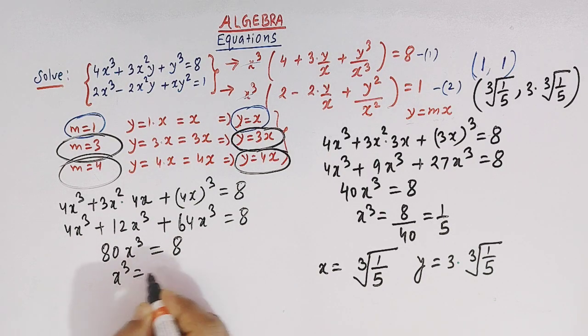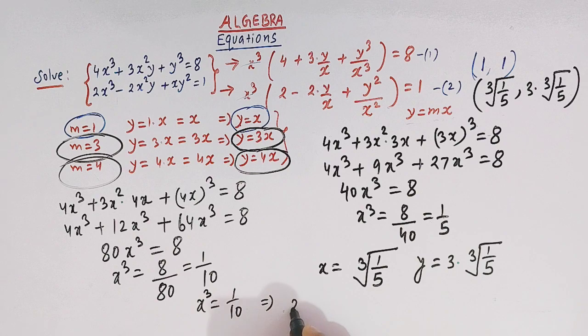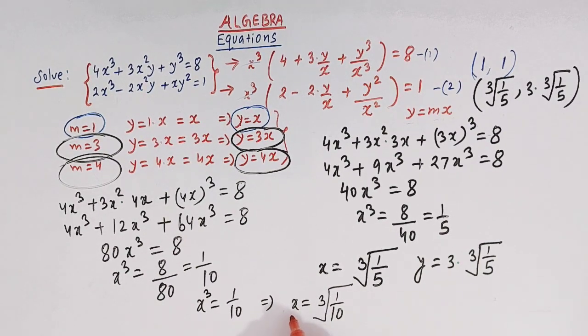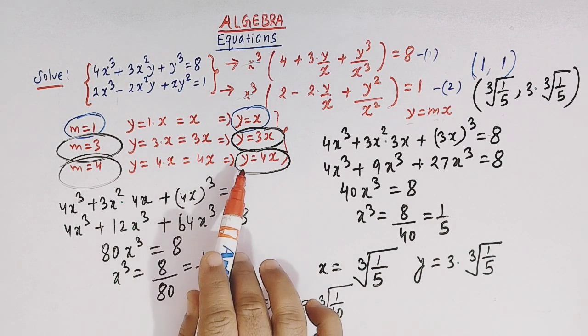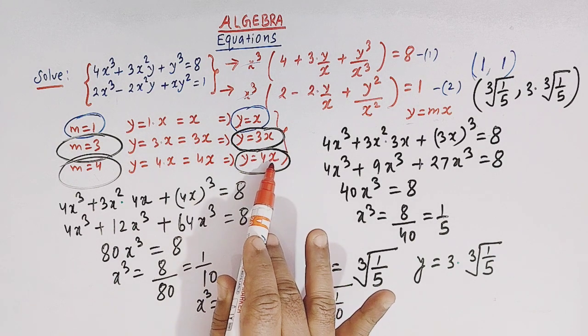So x cube is 8 divided by 80, that is equal to 1 over 10. So x cube is 1 over 10, and from here we can write x equal to the cube root of 1 over 10. So when x is the cube root of 1 over 10, the corresponding value of y can be obtained by taking x over here.